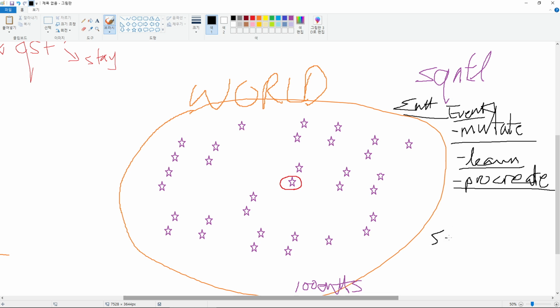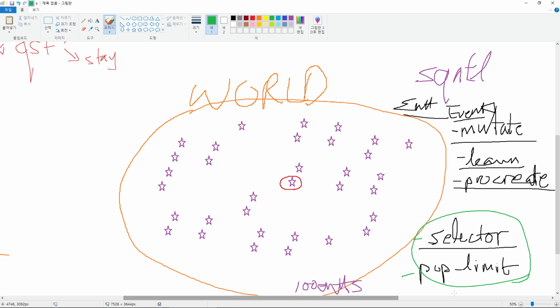And then there is the selector function, but this one has to be applied. For now, I am thinking I should still apply the selector function to all the entities, and the pop limit as well. So these two still are for all entities.